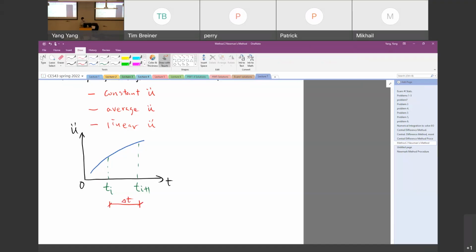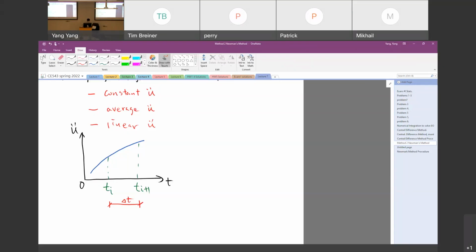As you have already done in your homework problem, if we know the value of the response at time Ti, we need to figure out a way to calculate the response at the next time, Ti plus one.